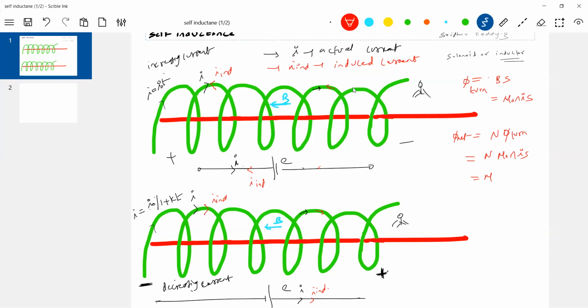Number of turns per unit length. Let L be the length of the solenoid. So let this be the physical length of the solenoid.